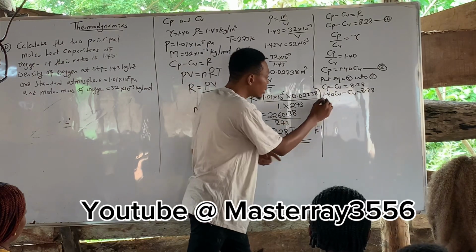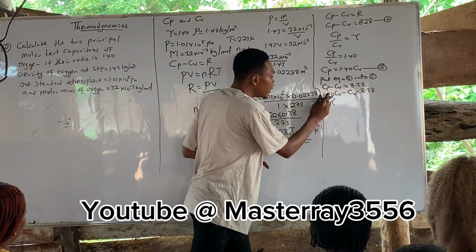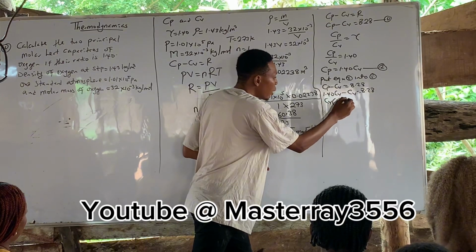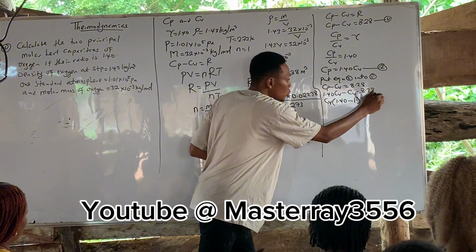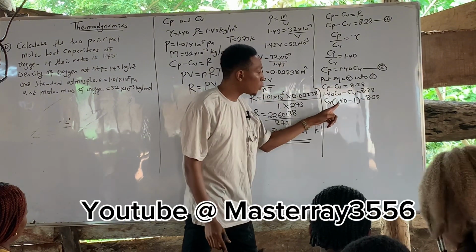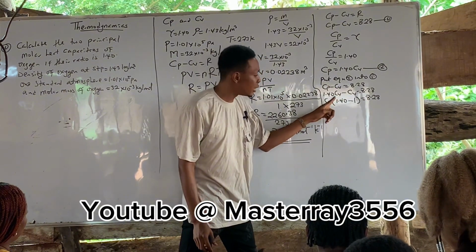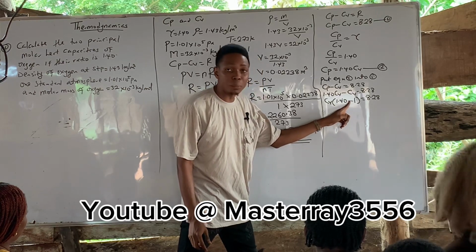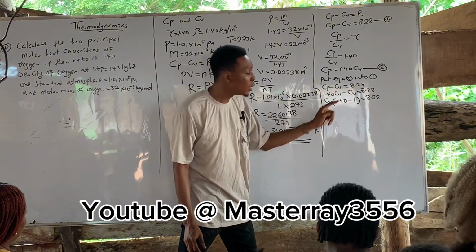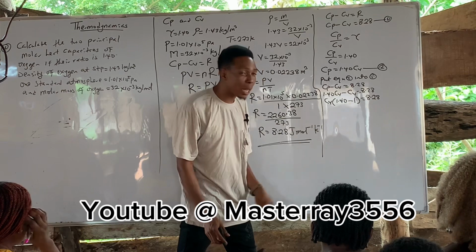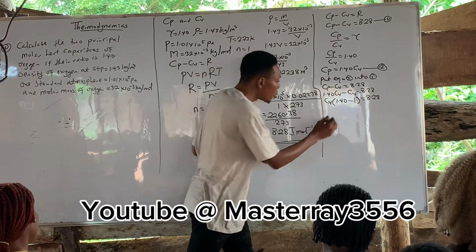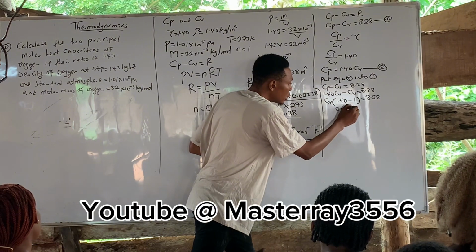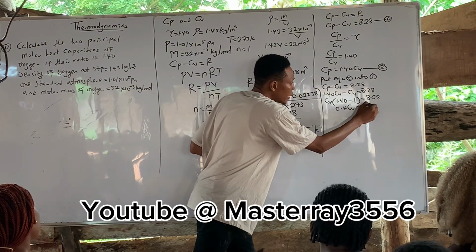If you bring out Cv, what will be left here? 1.40. And what will be left here? 1 equals to 8.28. Cv times 1.40 is 1.40 Cv. Cv times minus 1 is what? Minus Cv. Are you following? So 1.40 minus 1 is 0.4. So 0.4 times Cv, we have 0.4 Cv equals to 8.28.